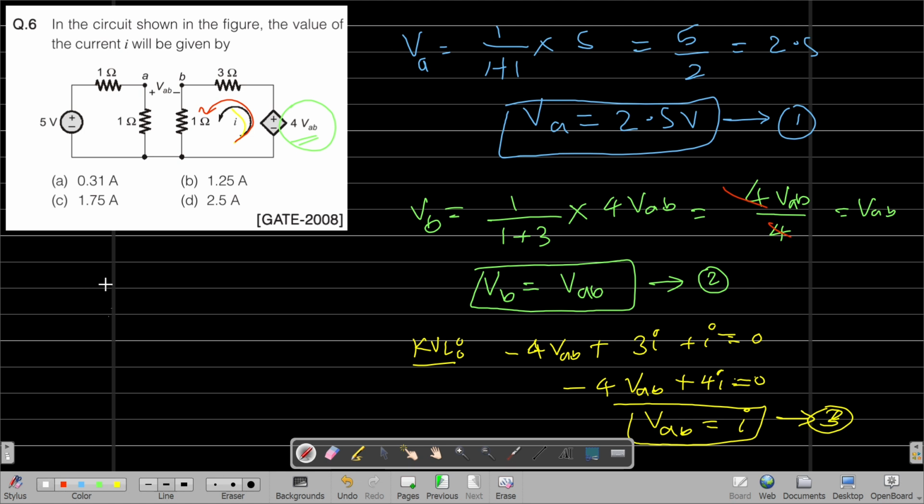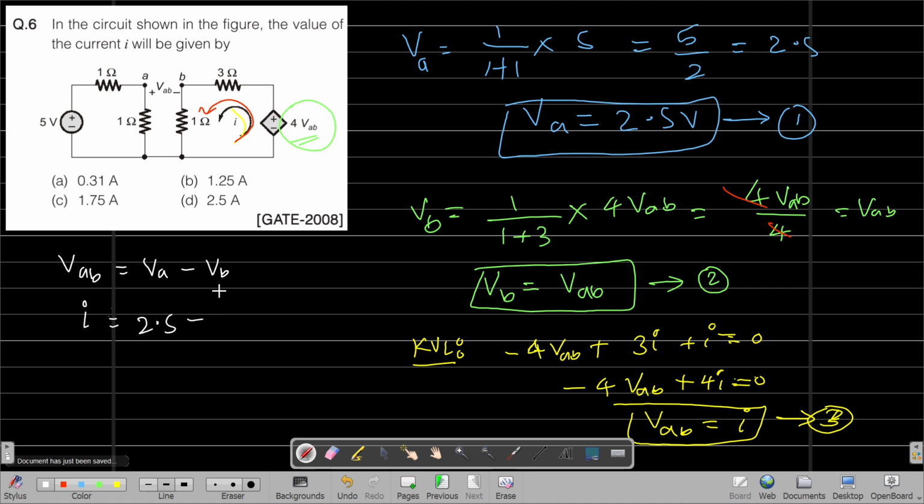Now we know that VAB equals VA minus VB. Alright, so VAB equals I, as we proved here. So VAB equals I equals VA, whose value is 2.5, minus VB.